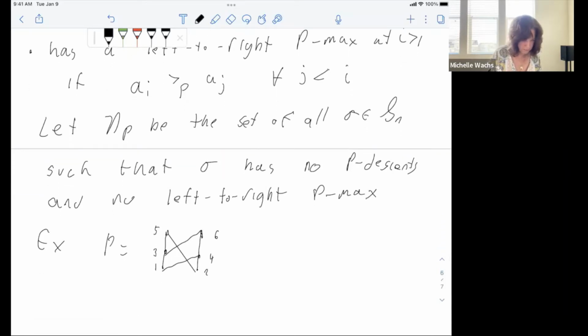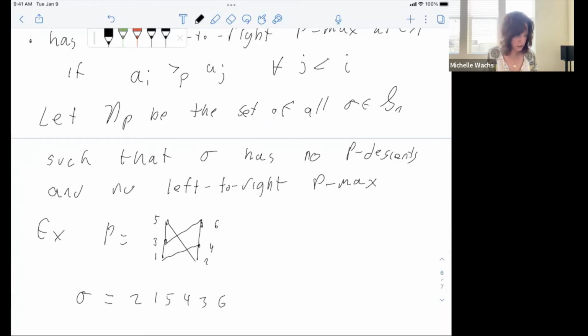And let's take the permutation 2, 1, 5, 4, 3, 6. So the permutation is a word when we write it in one-line notation. Does this belong to N_P?